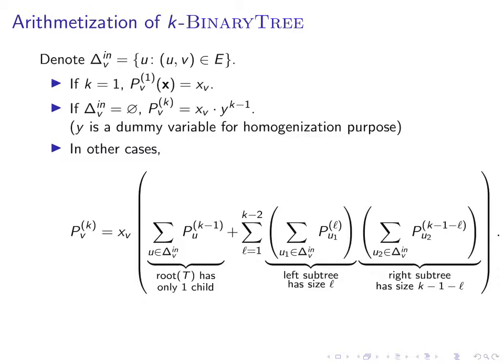In the first case, let's consider the polynomial that captures the multi-trees rooted at u of size k minus 1, and we just sum them up. For the second case, we consider the two subtrees rooted at u1 and u2, and we just sum up all such combinations. And we can see that from this DP, the corresponding arithmetic circuit is of size poly(n).